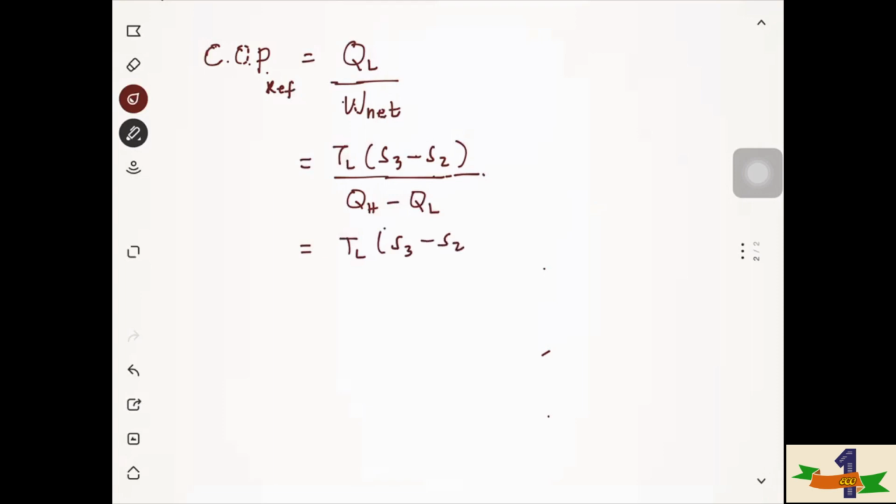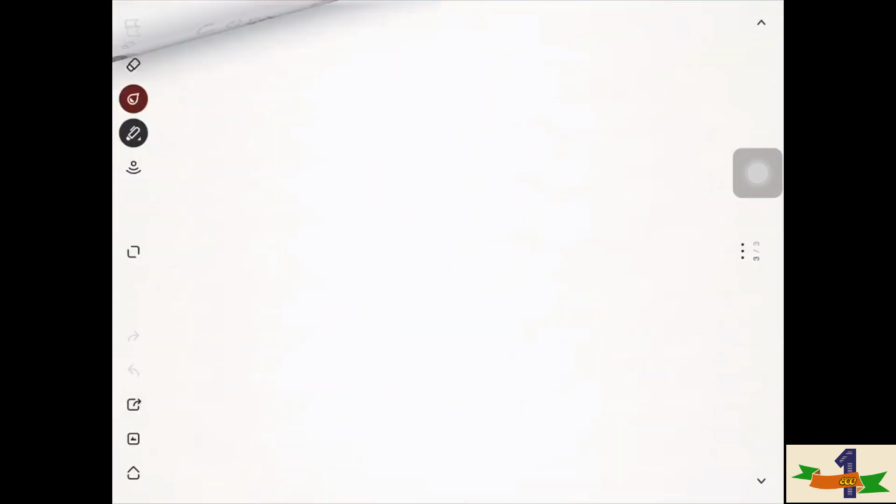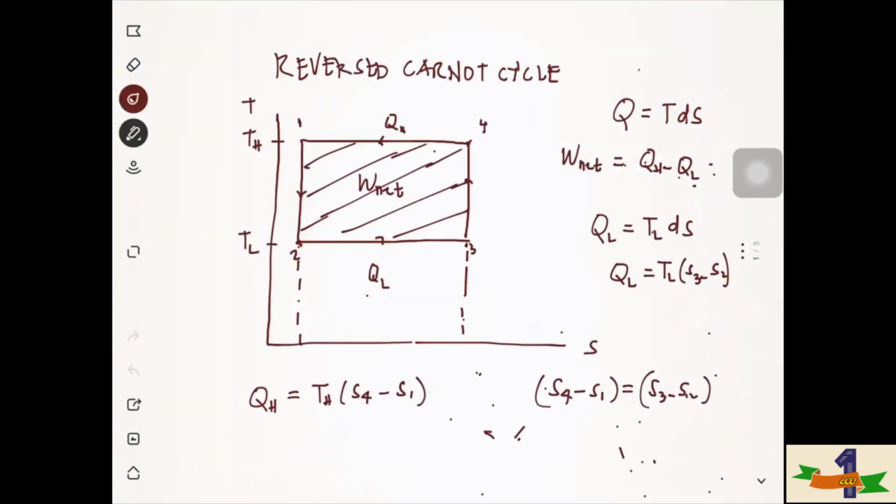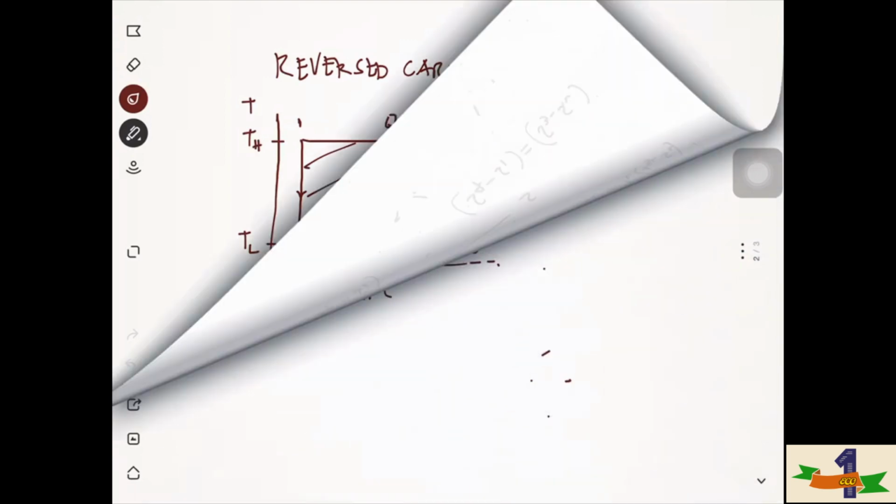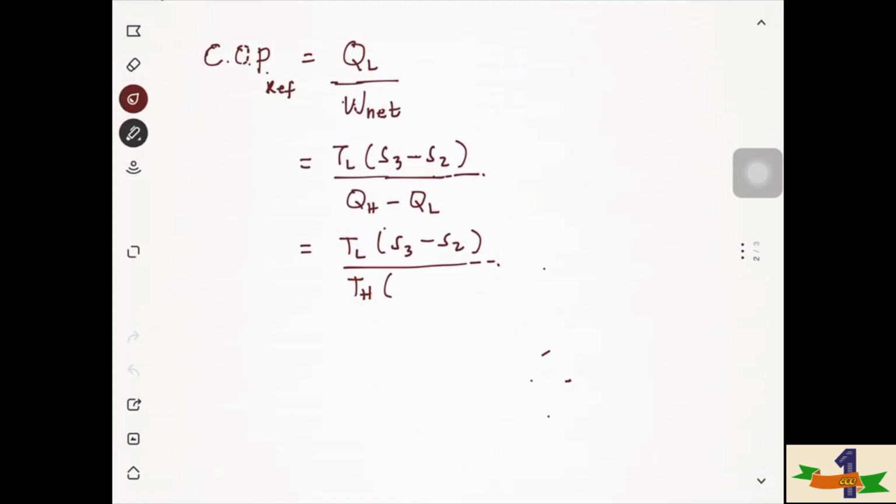Okay, so this is TL times S3 minus S2 over TH times S4 minus S1.